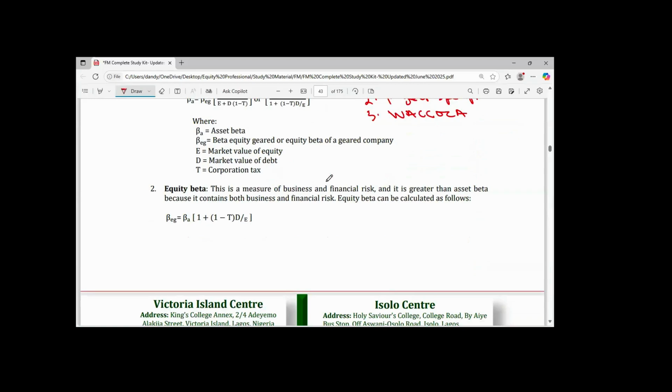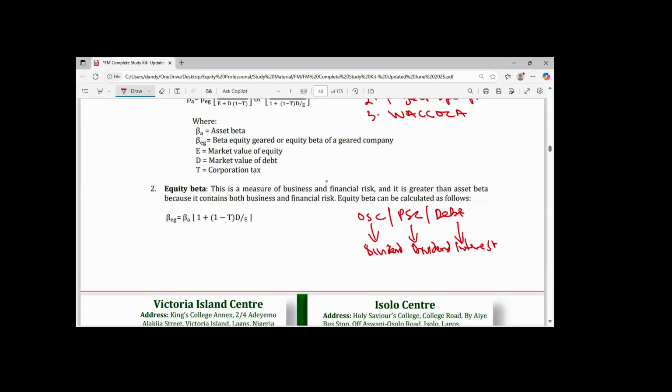If you are given information on ordinary share capital, preference share capital, or debt capital, including their underlying costs. For example, the cost the company will pay under ordinary share capital is dividend. You are given information on dividend. For preference share, too, is fixed dividend. Then for debt, the cost the company will pay is interest.